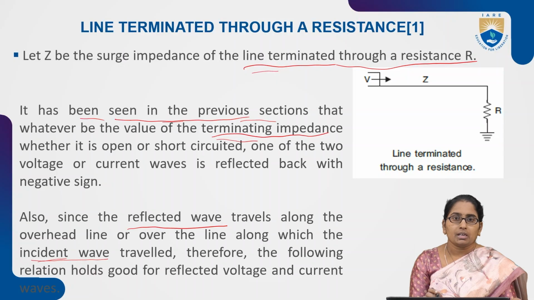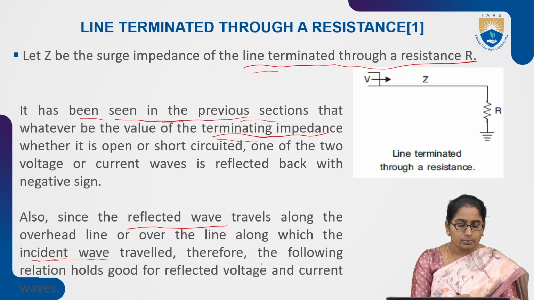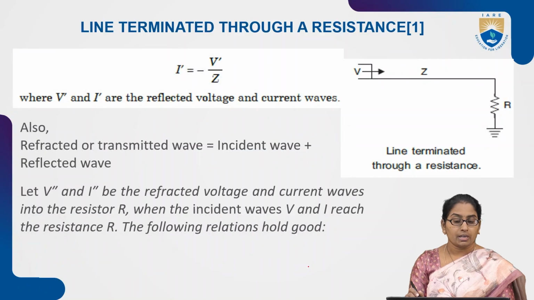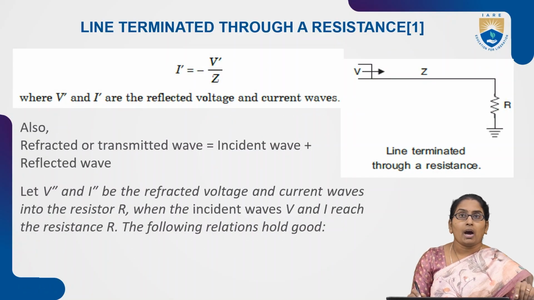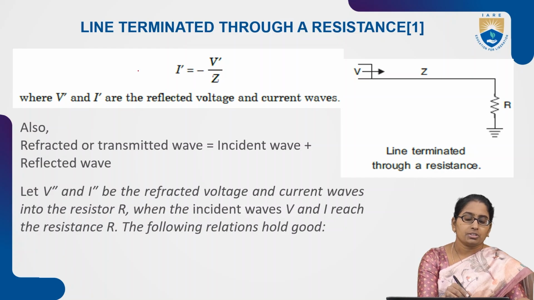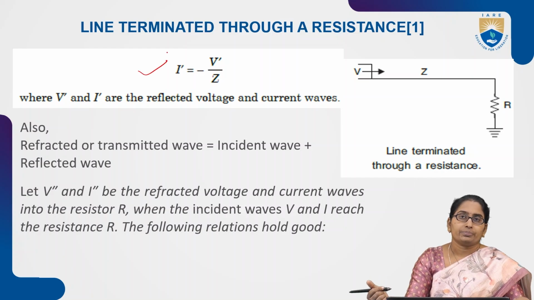After reaching the receiving end, when it is an open circuit or short circuit, the voltage wave and current wave travel back through the same line. Therefore the relation is given for the voltage and current waves: I dash is equal to minus V dash by Z.